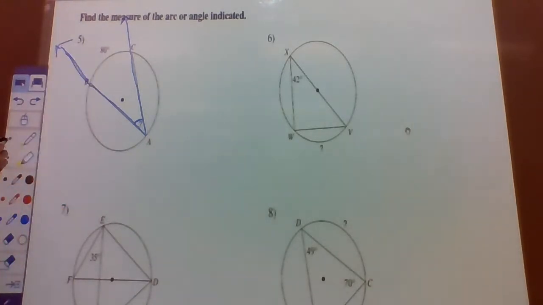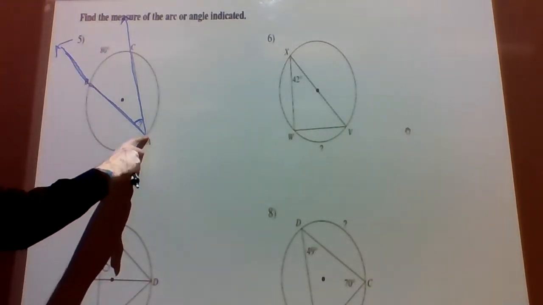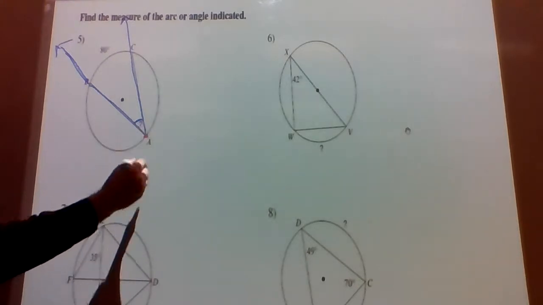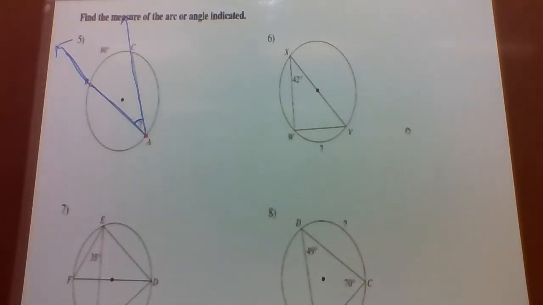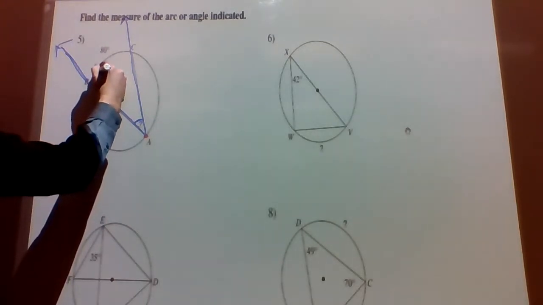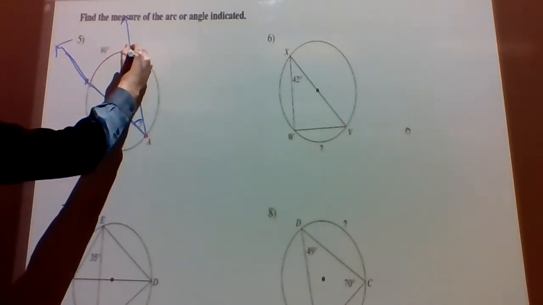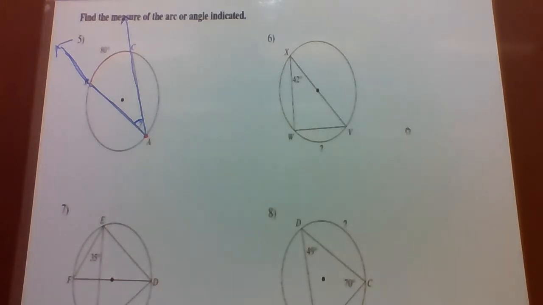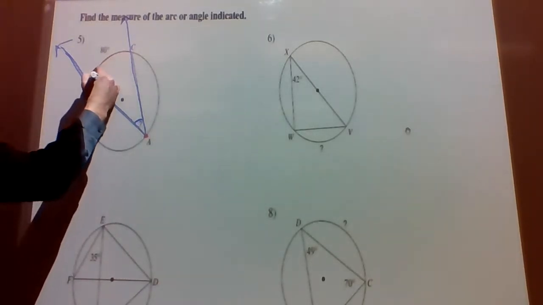It's an inscribed angle because the vertex is A, and point A is on the circle. So the points on the circle on the interior of the angle are the intercepted arc. So BC is our intercepted arc.